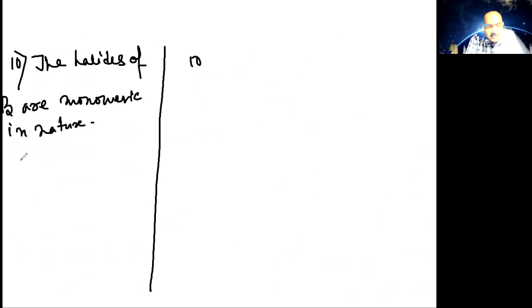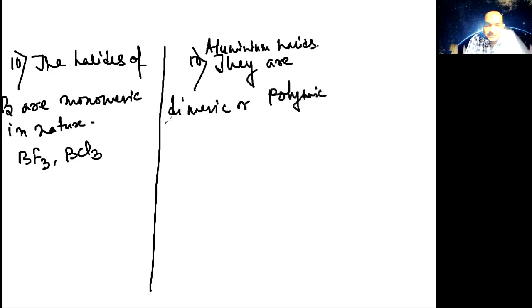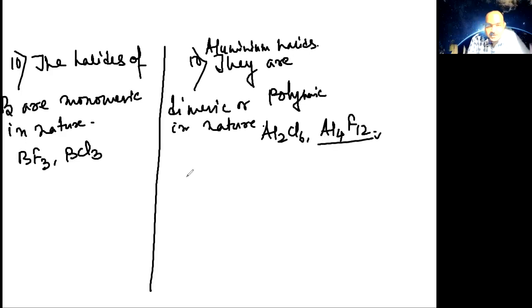This is because you can see that BF3, BCl3, etc. Aluminium halides are dimeric or polymeric in nature. I'll give you some examples here: Al2Cl6, Al4F12. Now you can see the structures here.